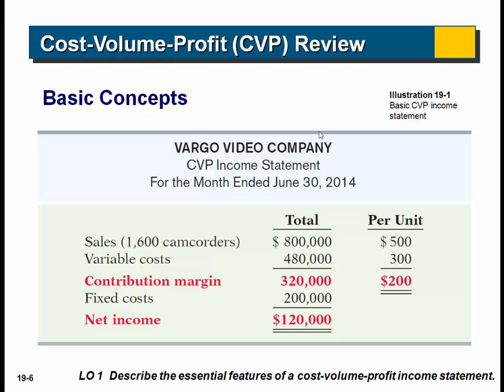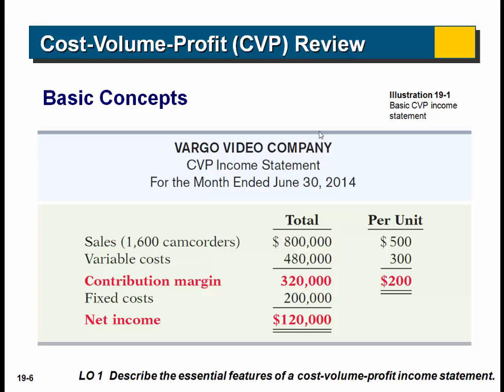And you notice here you have sales. This says that they sold 1,600 camcorders. This was in June of 2014. And they had variable cost of $480,000. You see the per units on the right and a contribution margin of $200 per unit. What that really says is that for each unit sold, you make $200 contributing towards fixed cost.